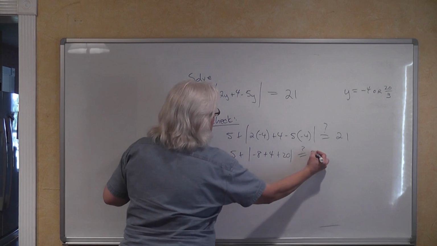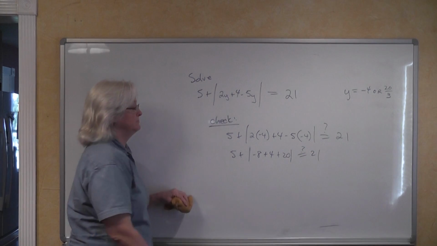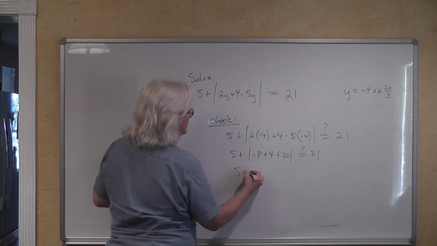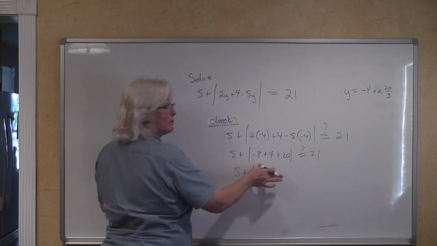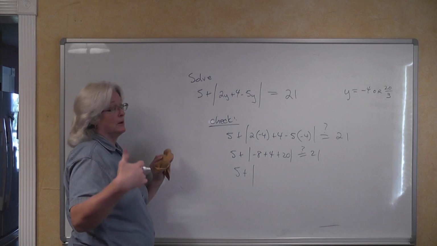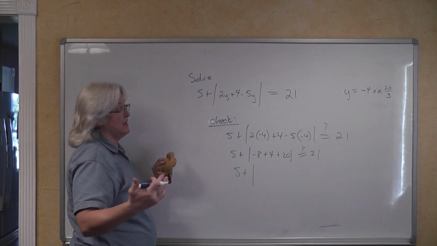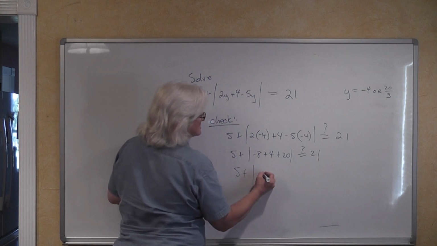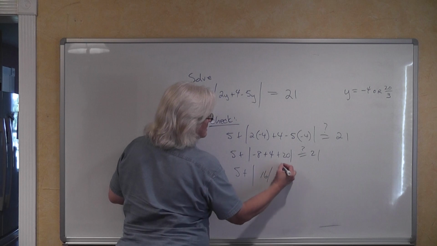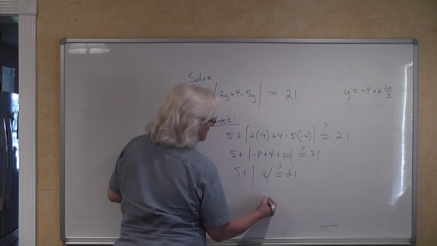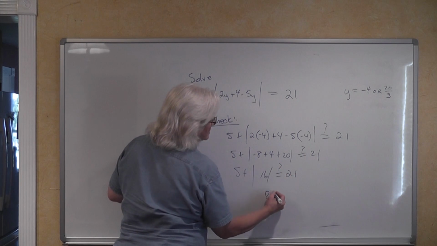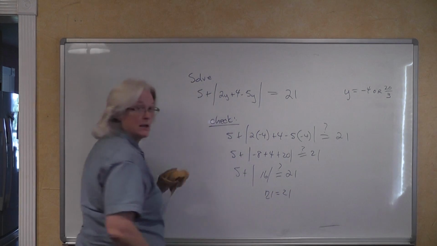Is that equal to 21? 5 plus the absolute value of 24 minus 8. 24 minus 8 is 16. Is that equal to 21? Yes. 21 is equal to 21.